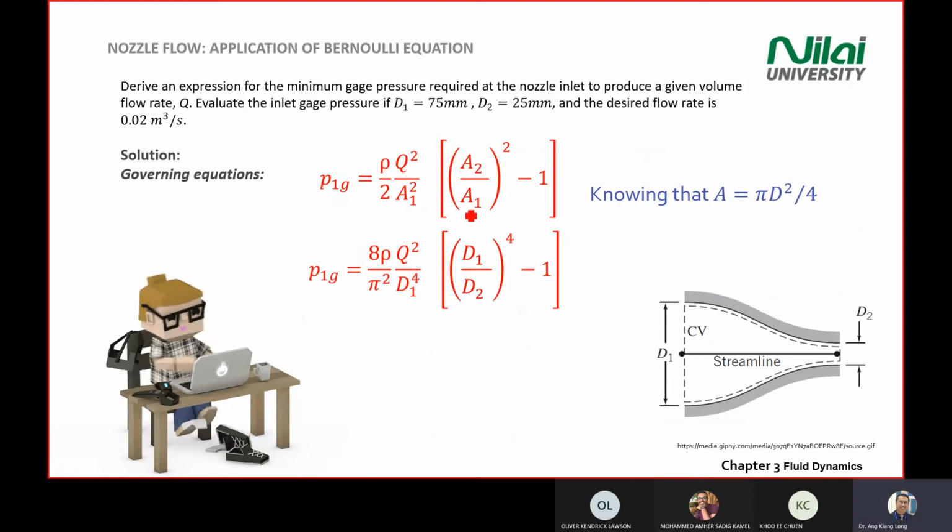So you flip and rewrite the equation in terms of diameter. Area equals pi r squared, or pi d squared divided by 4. You substitute that inside, and you change the equation from the Q-A form to the Q-D form, from flow rate with area to flow rate with diameter.